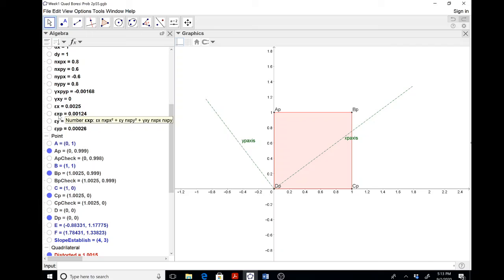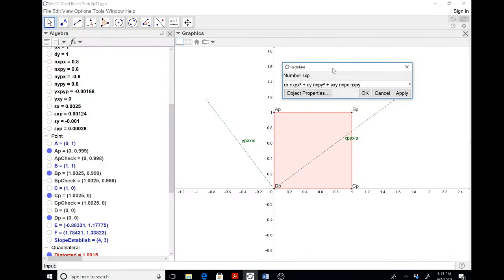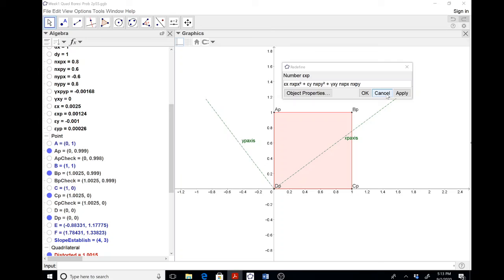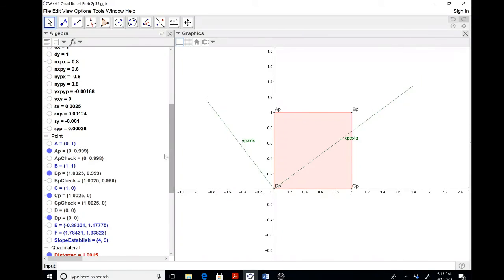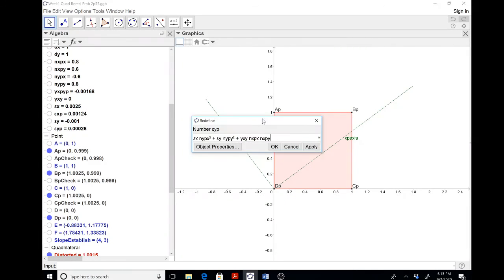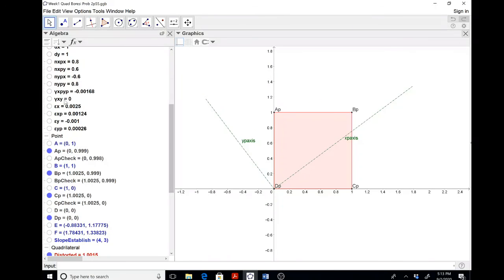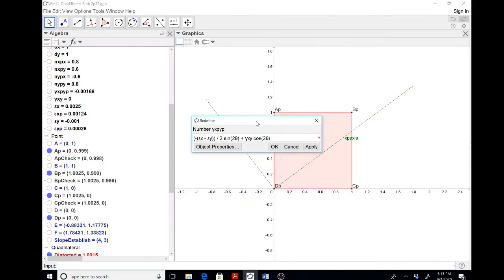Epsilon x prime is the standard equation that I just gave you, the standard transformation equation. I'm not using Mohr circle here. And I can pop that in as simply as a little function here, epsilon y prime, no problem, and gamma x prime y prime.